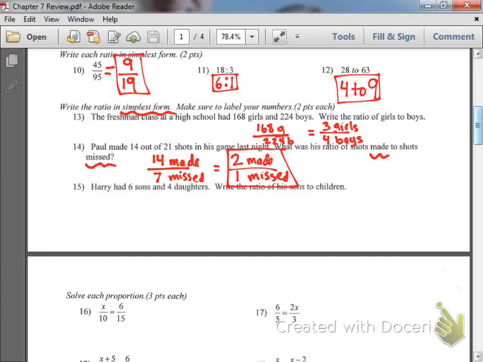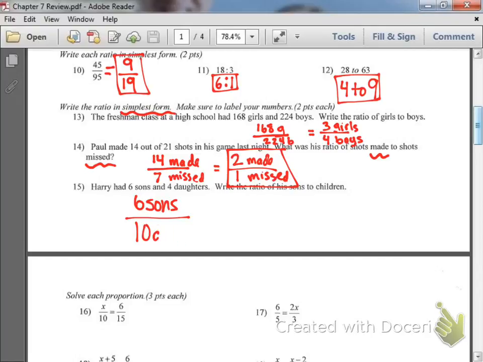All right. I sort of covered up the problem on 15, so you might need to read off of your own copy. But this says that Harry has 6 sons and 4 daughters. I want the ratio of sons to children. So how many sons did he have? 6 sons. How many children? 10. Good. It does not ask you anything about daughters.